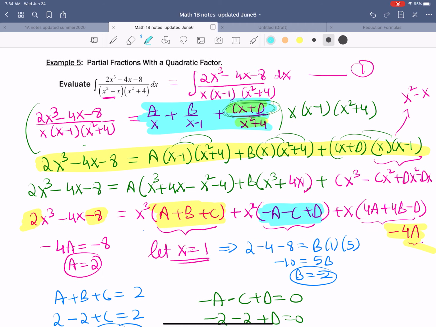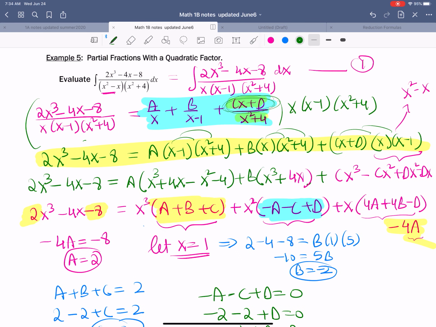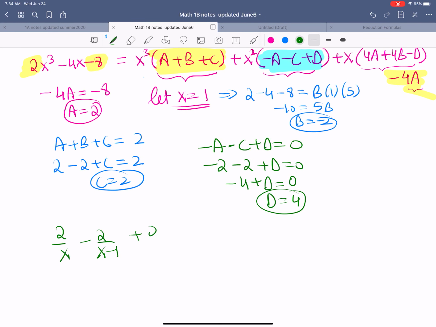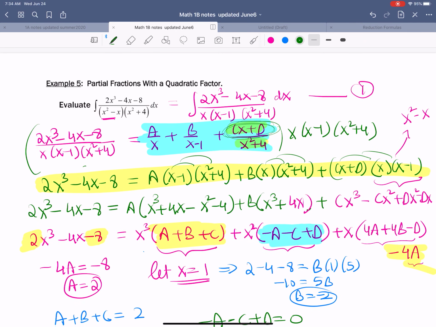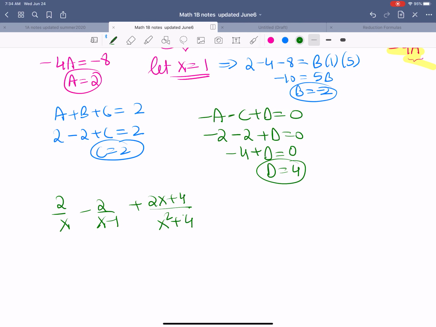So a over x, that's 2 over x, plus b over x minus 1, b is negative 2, and then plus cx plus d, so that'd be 2x plus 4 over x squared plus 4, sorry. So that's what our integral is after partial fractions. So after partial fraction decomposition, we are left with this integral.